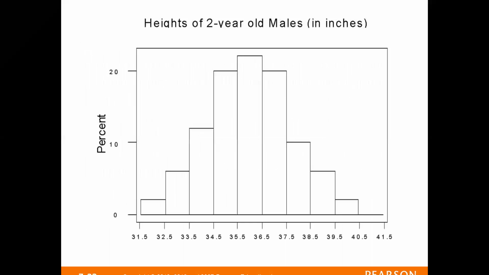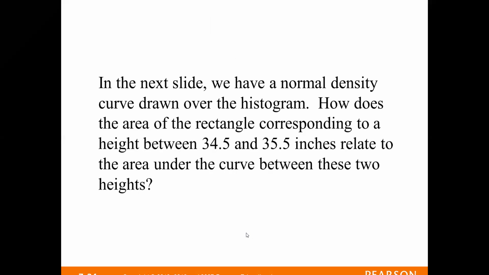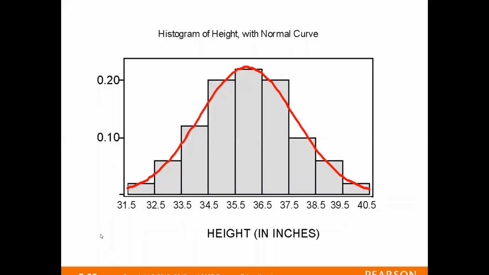If we do that, we notice we do get something that is somewhat bell-shaped. It's not going to be an exact fit when we're putting a histogram on there, but it does look pretty symmetric about this middle part here. And we can draw a normal curve over the top of it to see that it does fit pretty well.